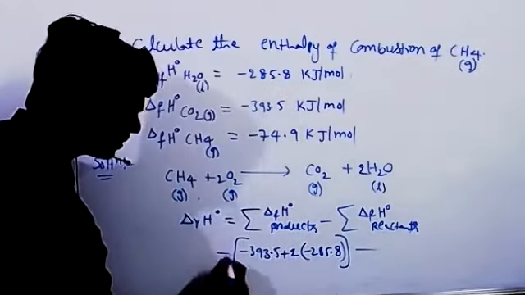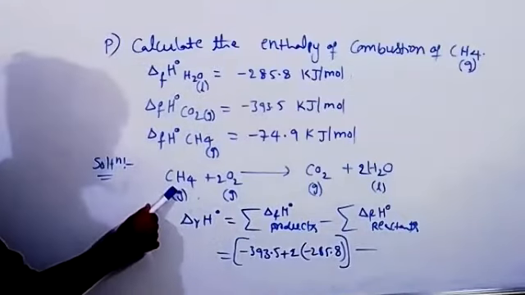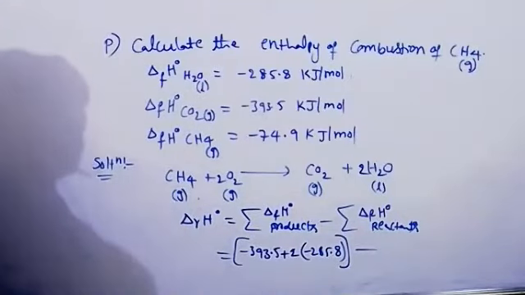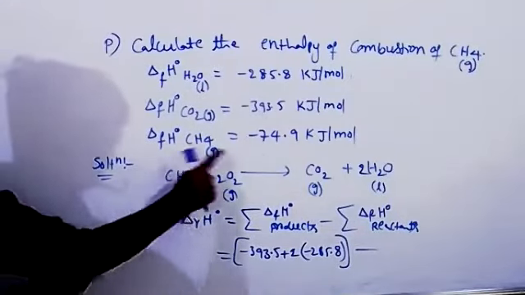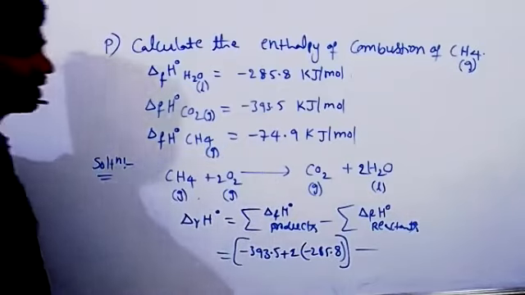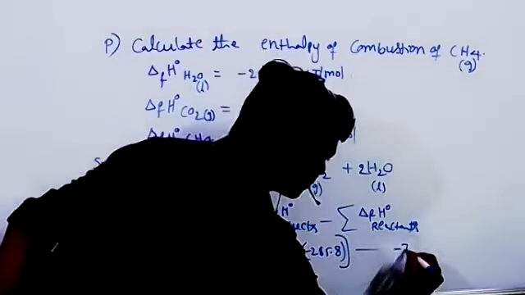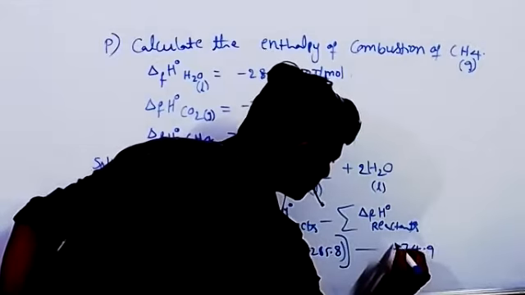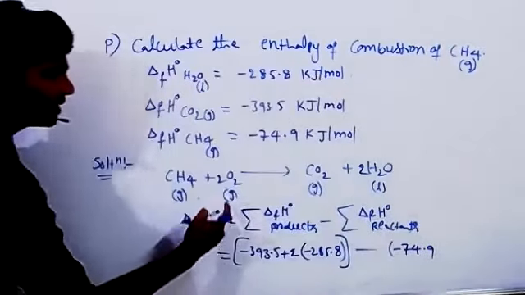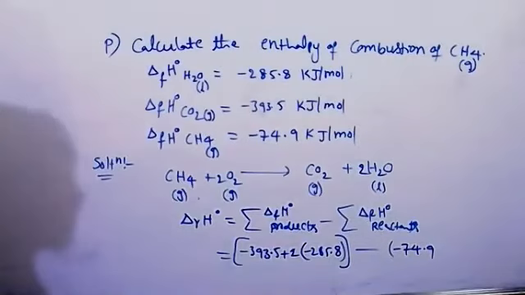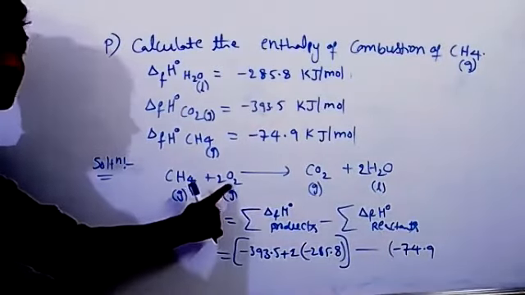And then minus, the reactants are methane and oxygen. The enthalpy of formation of methane is minus 74.9. And carefully here, what is the enthalpy of formation of oxygen? This is 0. For any elemental substance, the enthalpy of formation is 0.